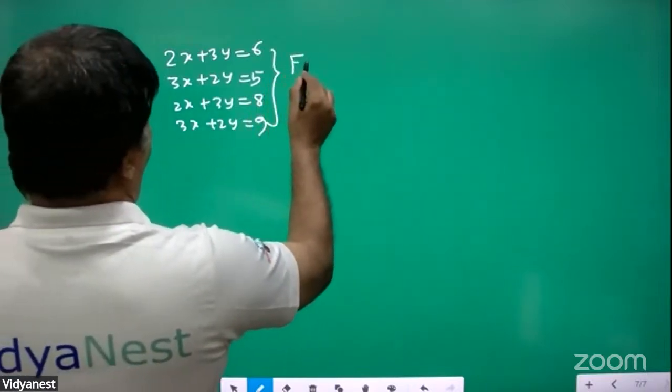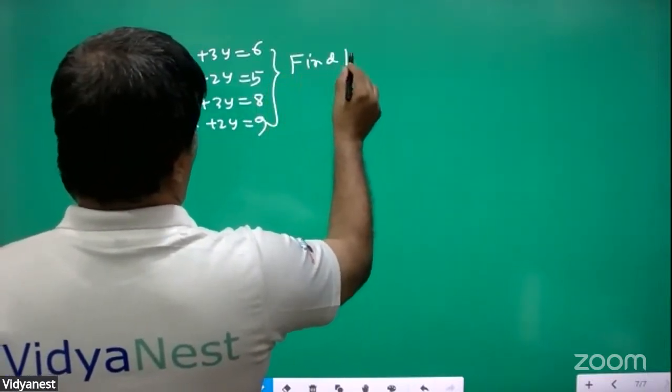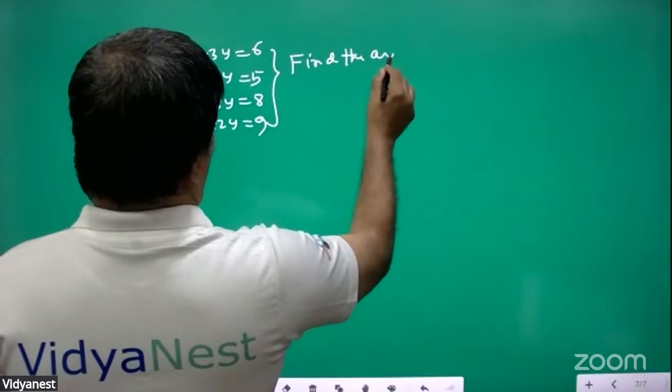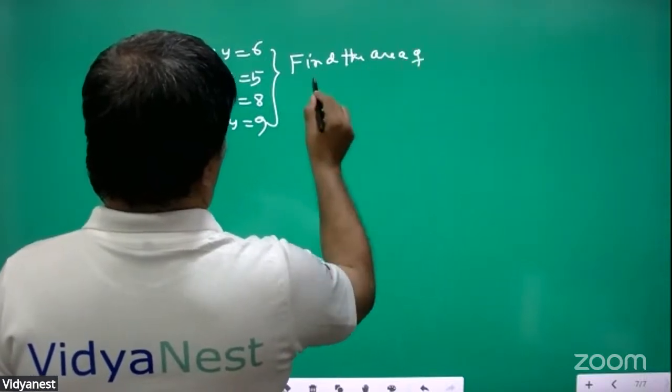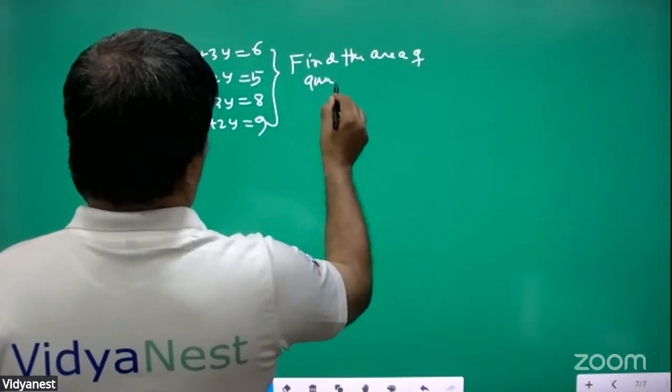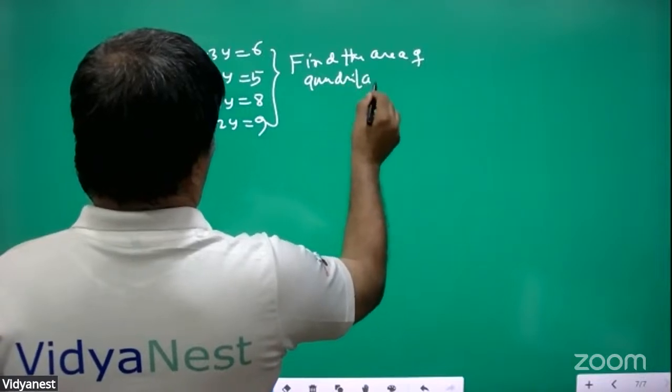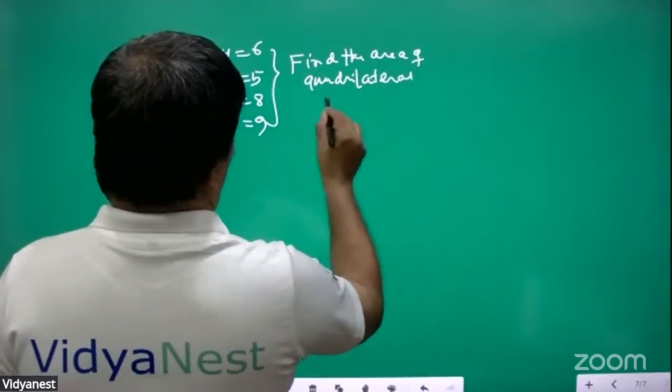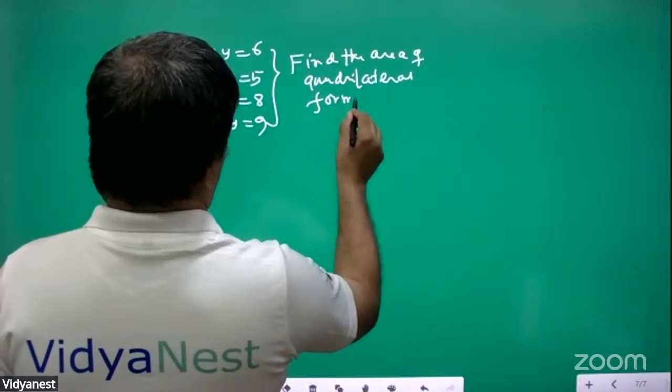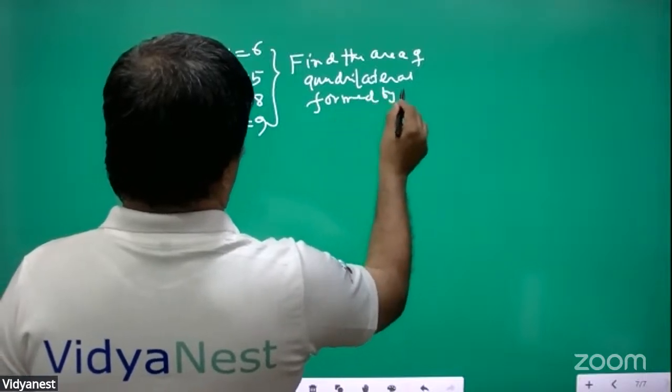Find the area of the quadrilateral formed by them.